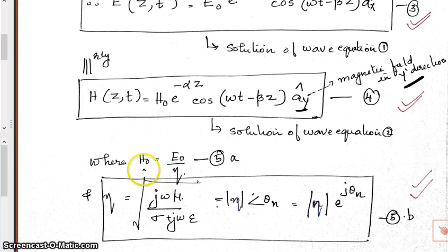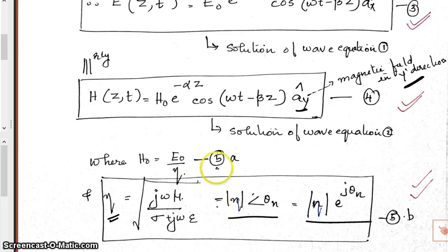So I can write H0 = E0/η, and η is given by the formula square root of (jωμ/(σ+jωε)), where σ is the conductivity, which can be represented in the polar form as magnitude of η into angle θn, or magnitude of η into e^(jθn). These two, which I have underlined, are the polar representation of your intrinsic impedance η.